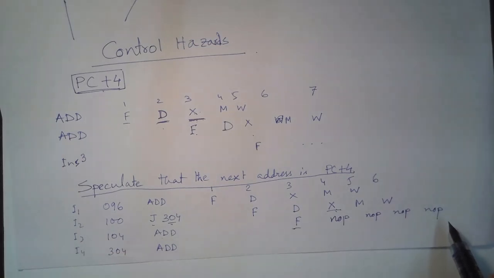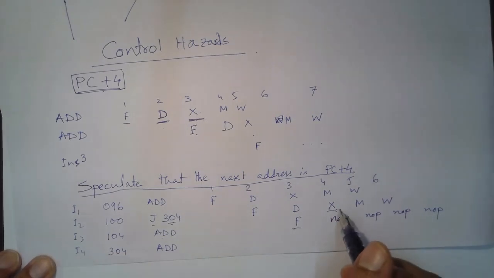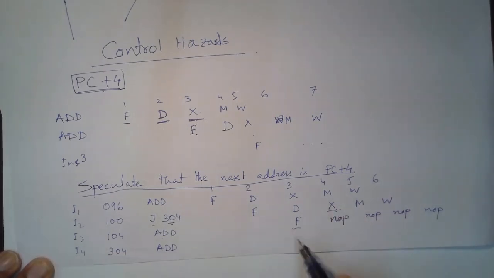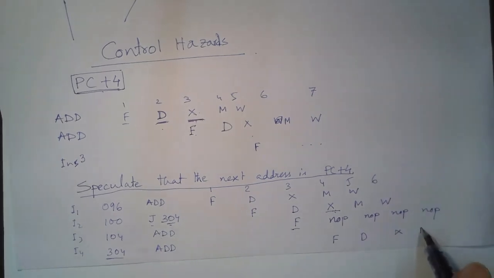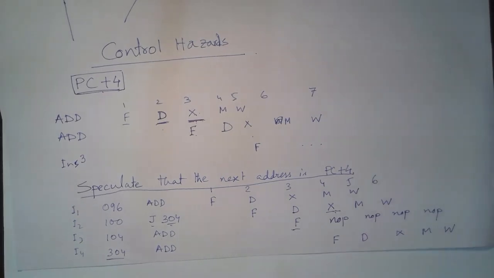All right, and then you will update your PC accordingly, and the next instruction will be fetched from this new location, 304, and you will again do fetch, decode, execute, and so on. Okay. All right.